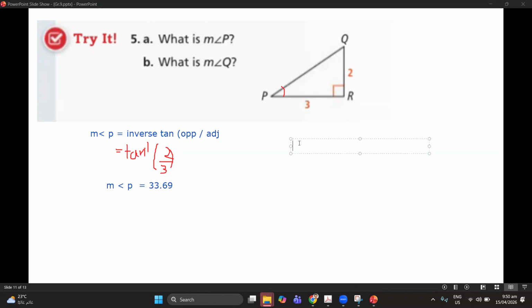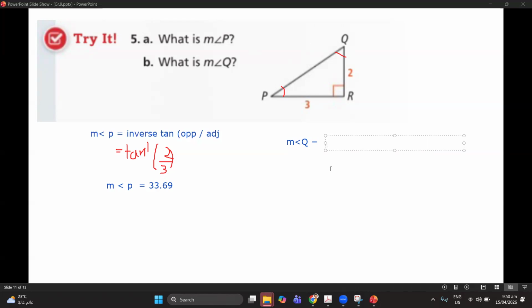Now, how can I find the measure of angle Q? Juliana? How can I find the measure of angle Q here? For angle Q, what's given? The opposite and the adjacent. Excellent. What will you use, inverse of tan, inverse of cosine or inverse of sine?